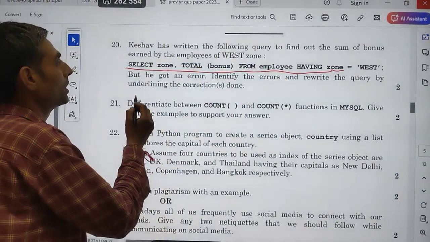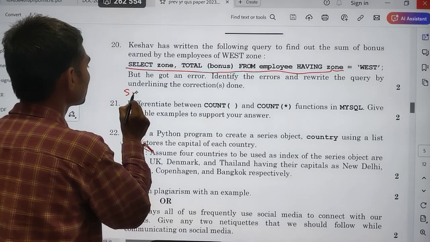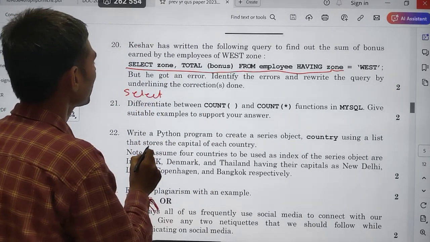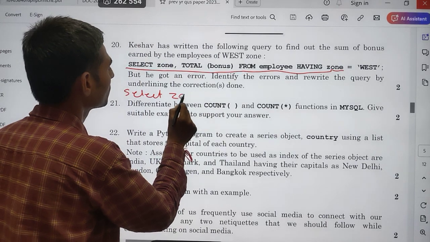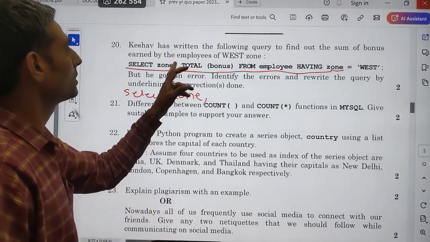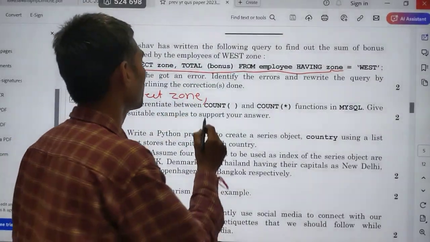So here I can write select zone, comma, this is not total bonus, this is sum of bonus.